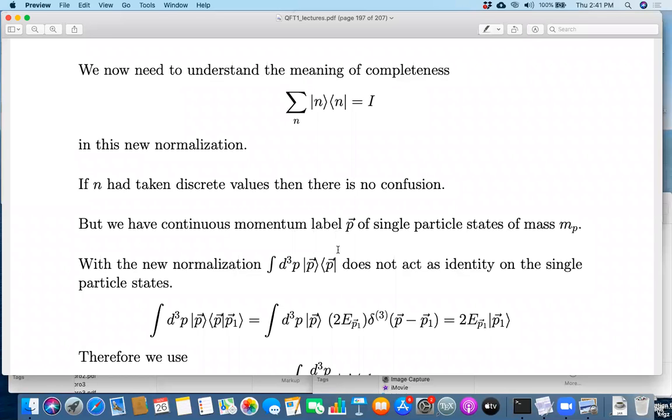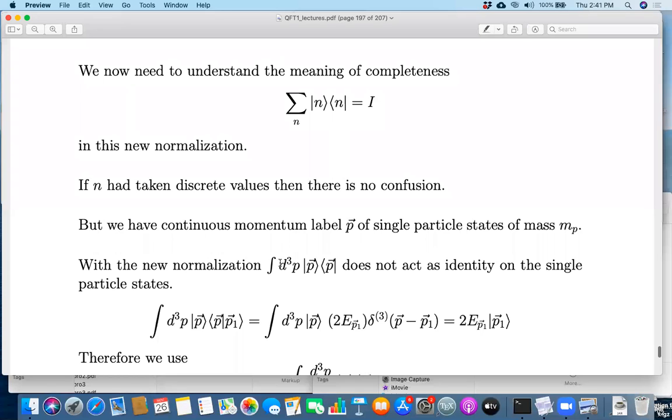Now, in the earlier normalization, normally in non-relativistic particle mechanics, the way we normalize the momentum eigenstates, this sum would have meant just this, or maybe some 2 pi cube factors thrown in, but it would have meant basically this up to a normalization. But with this new normalization that we have chosen, one can easily convince oneself that this doesn't act as identity on the single particle state.